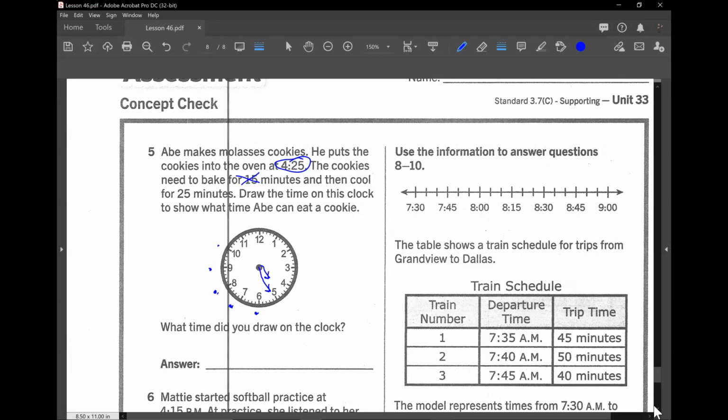So 5, 10, 15, 20, 25. So when my minute hand goes all the way around to the 12, the time is going to change from 4 to 5. Once it goes past 12, that's another 5. It will be 5:05.